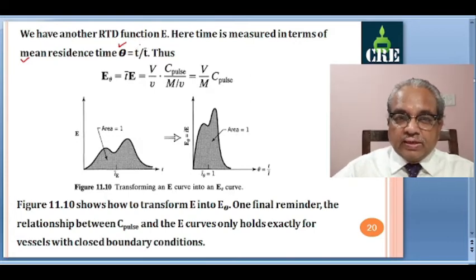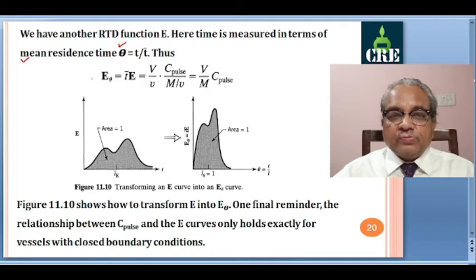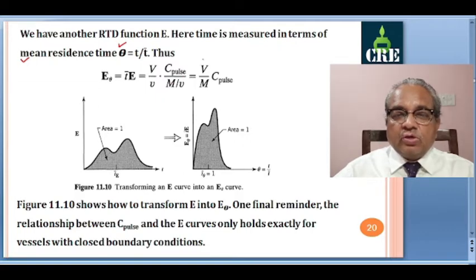So t is the actual time, and theta is dimensionless, always a fraction. So E theta, if I define it, will be t bar into E. E is C pulse by m by v, and finally the v's cancel out, and you get v by m into C pulse as E theta.